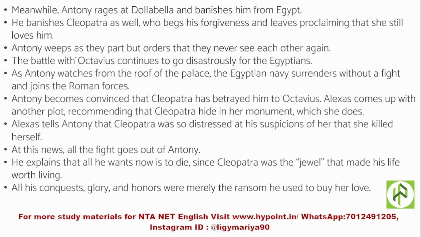The battle with Octavius continues to go disastrously for the Egyptians. Now the battle is going to happen between Antony and Octavius Caesar, and it is going to be disastrous for the Egyptians, because Antony is going to lose. They are going to have a navy battle. Octavius Caesar is so crafty in a navy battle. He has skills that Antony lacks, and Antony's army is not trained in navy battles.